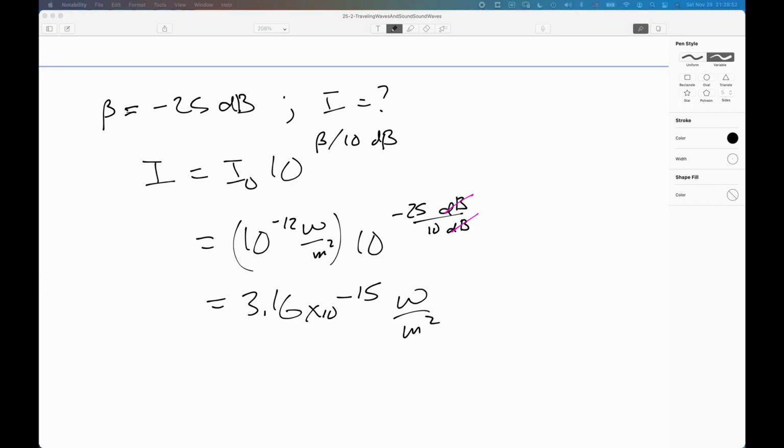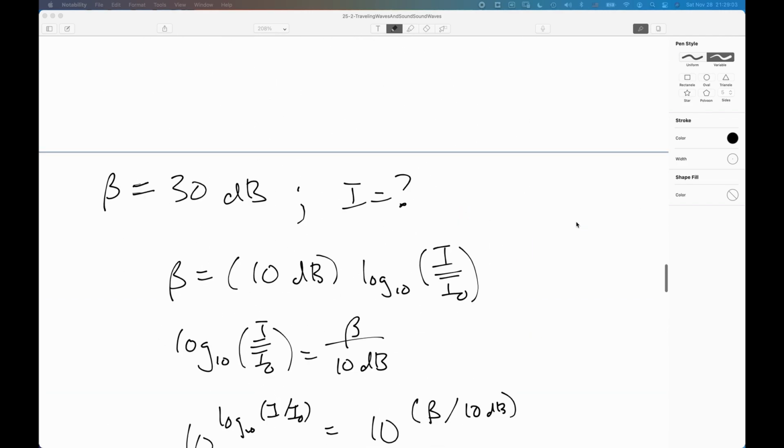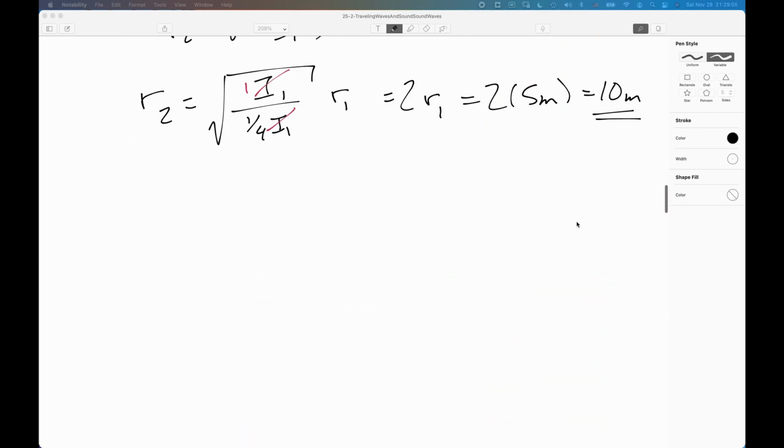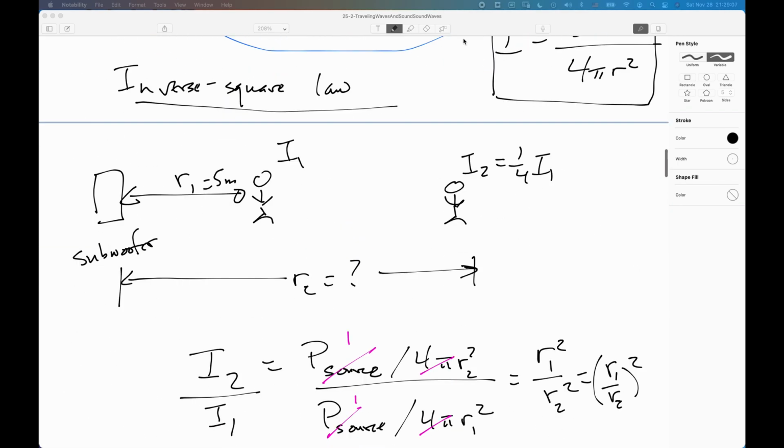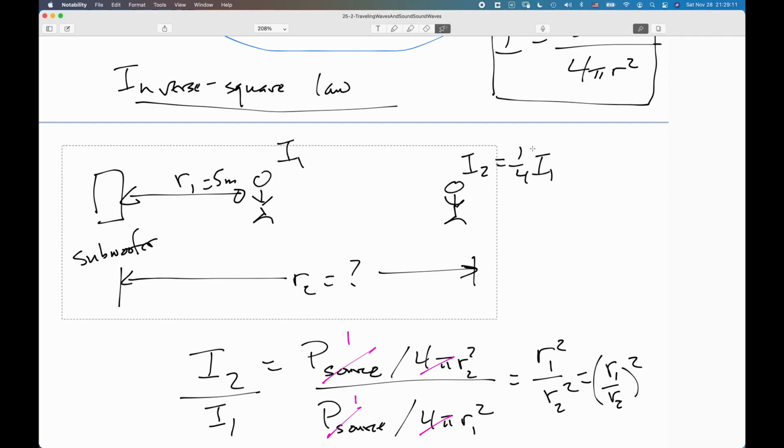So I'll close this off by doing one more example. Let's go back to our standing in front of a subwoofer problem that we did here. I'm going to steal the figure.